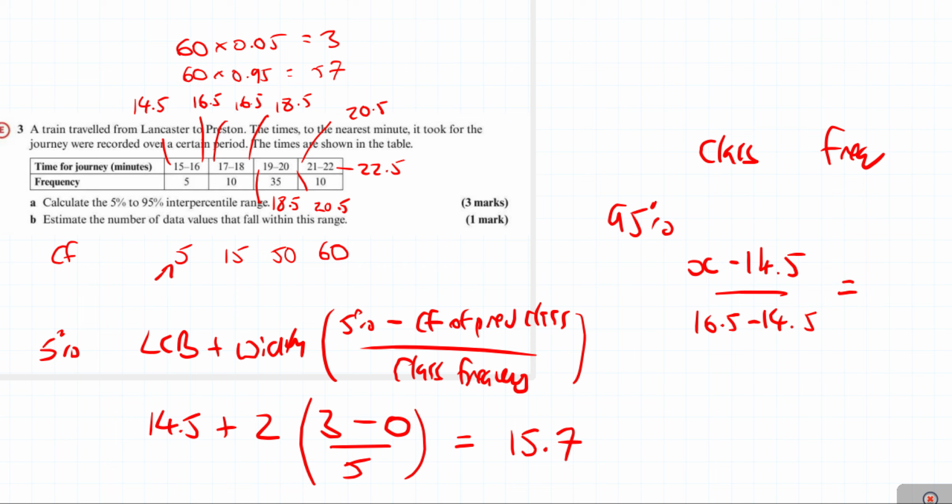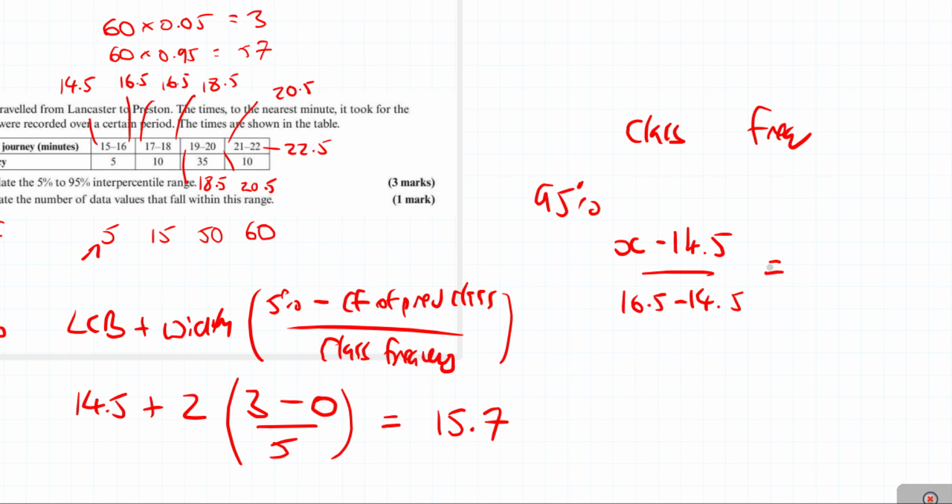And then that equals the frequency, so here the frequency is 3 minus 0 over 5. And then from here we just solve, so it's x minus 14.5 equals 2, 3 over 5.